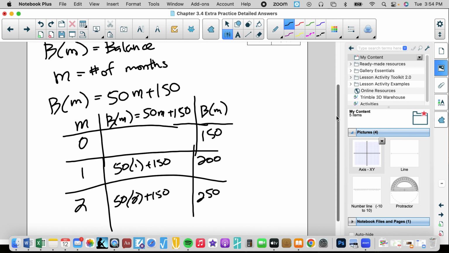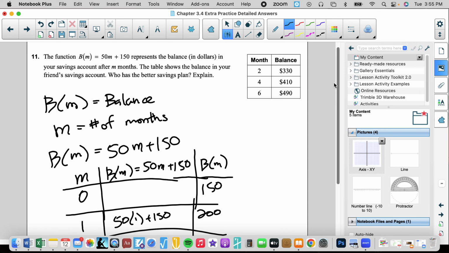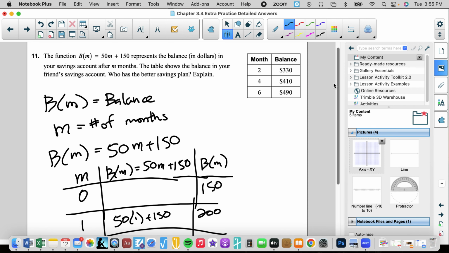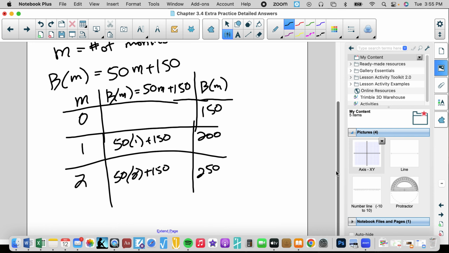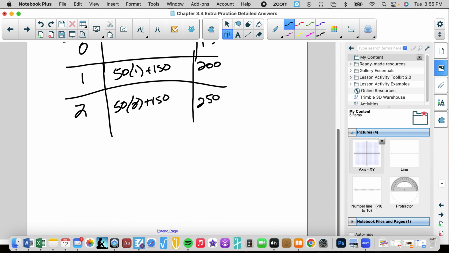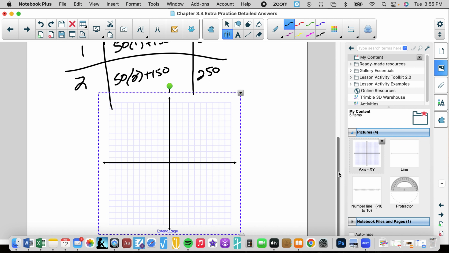Okay, so I can take that, and after 2 months, we're going to see the table shows who has the better savings plan. Okay, so there's a couple things we can do. We can make a graph, and we can chart my savings plan, which looks like this. What are my increments going to be?